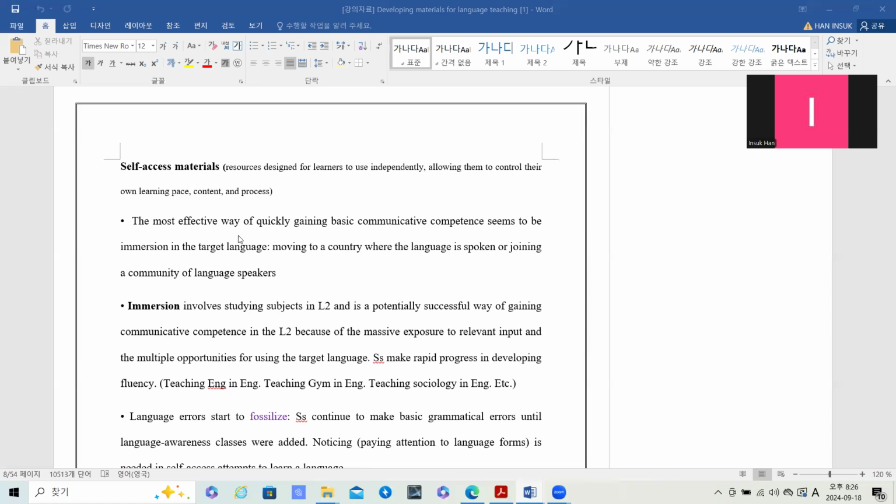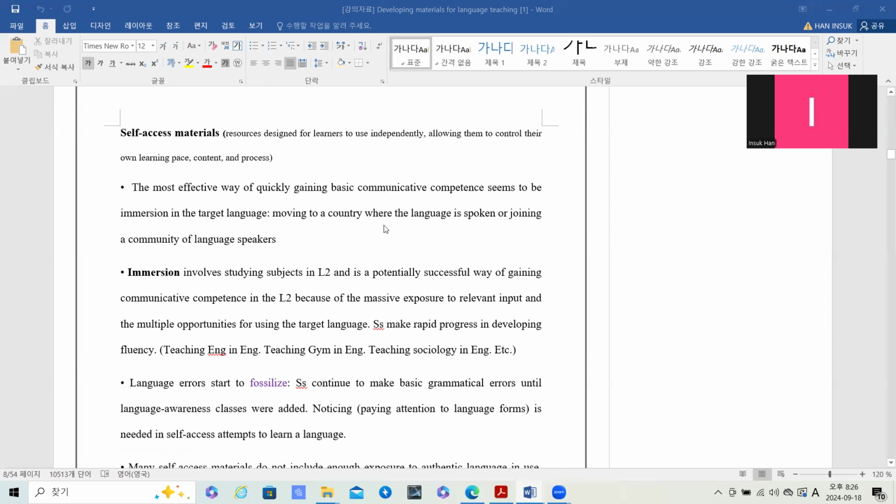Brian Tomlinson says it is a very, very effective way of getting self-access materials, especially for the enhancement of communicative competence. So such an experience can mean immersion. Immersion involves studying subjects in L2.